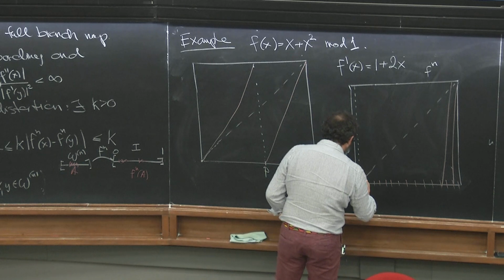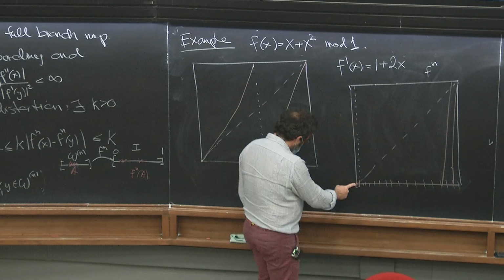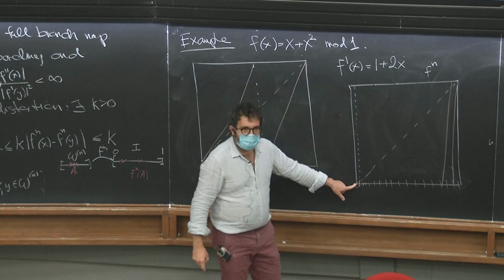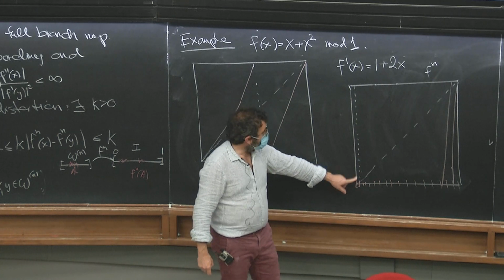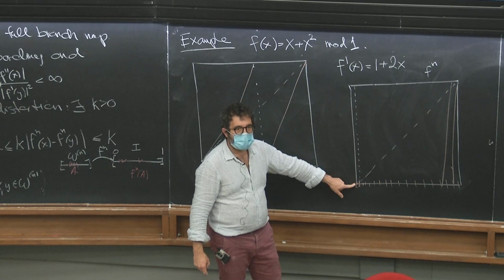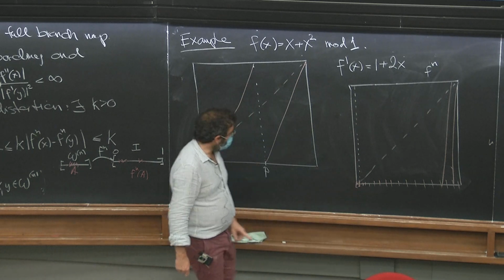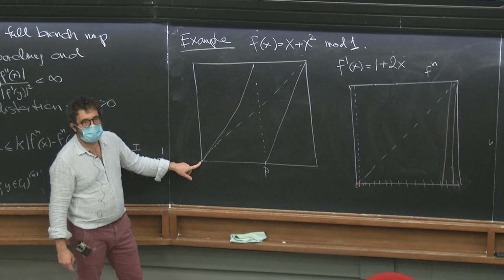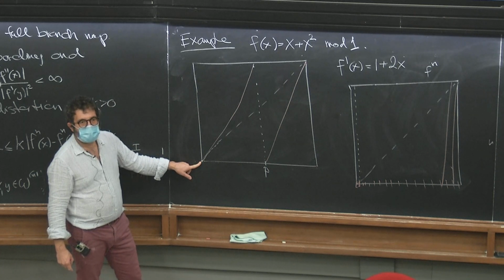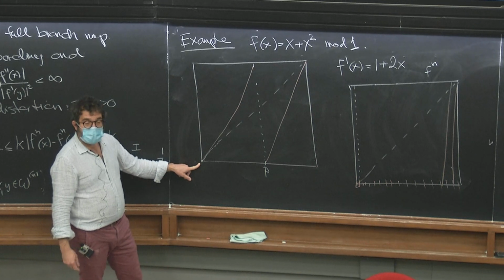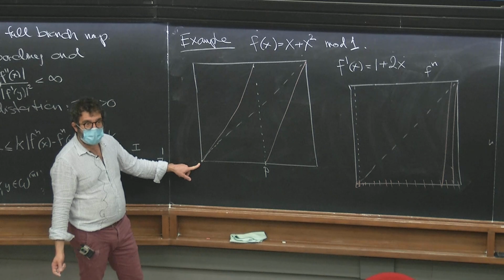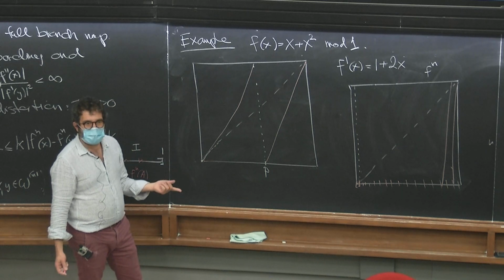So do we have bounded distortion? What's going to be the derivative at the fixed point of this branch? It is still 1. The derivative at the fixed point is always going to be 1, because it doesn't matter how many iterates you take.